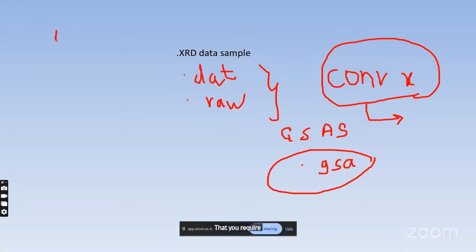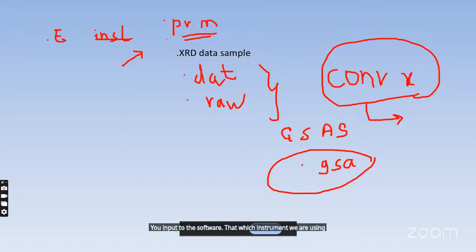Then you require the instrument file, .instr, no, .prm, the parameter file. It means that we have to give input to the software about which instrument we are using for the data collection.